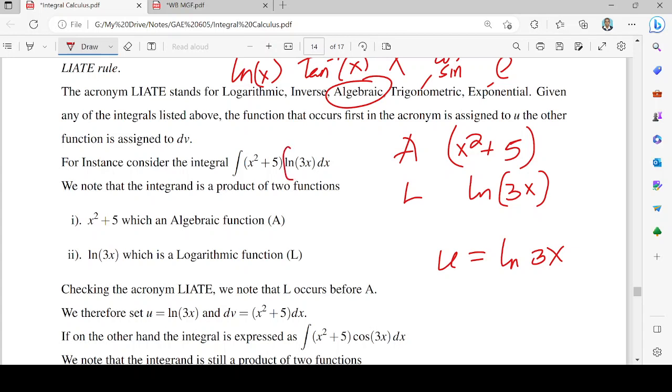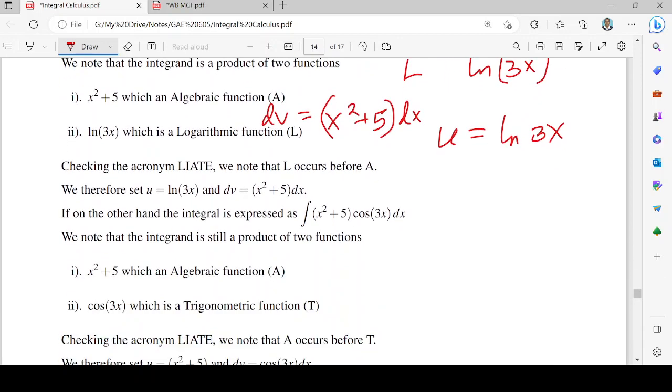Once we assign this one to u, the other one, which is x squared plus 5 dx, becomes dv. So here we note that L occurs before A in the acronym, and therefore we set u to be logarithm of 3x and dv the other function.